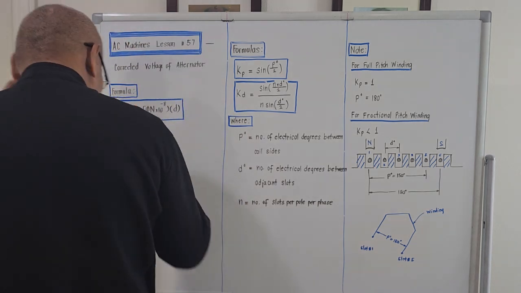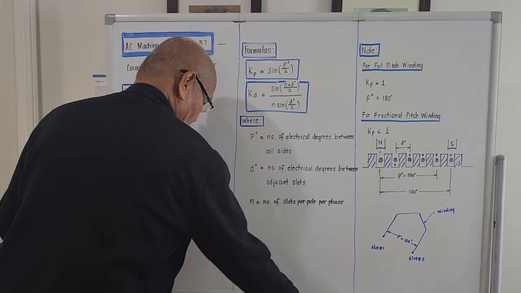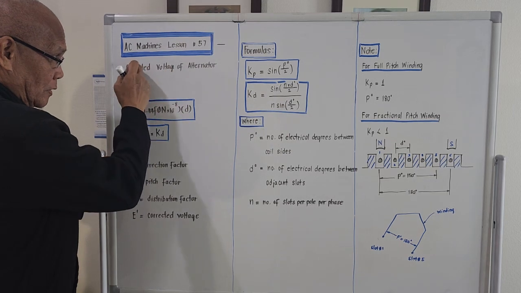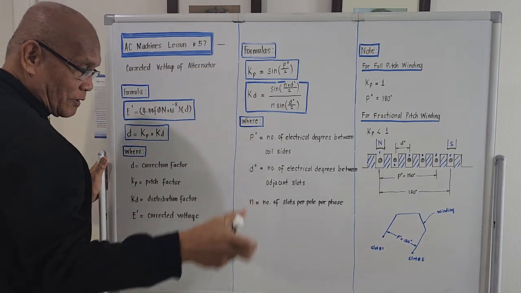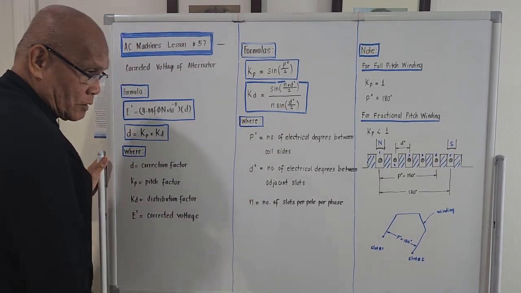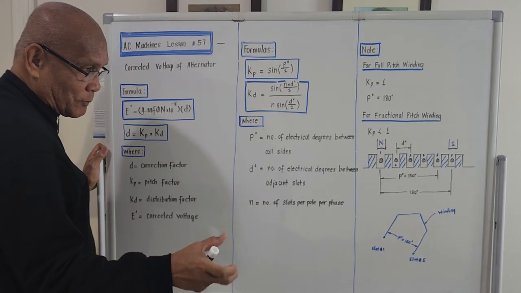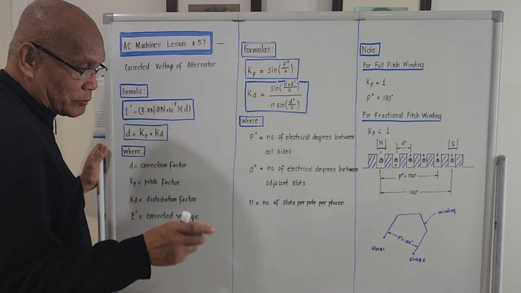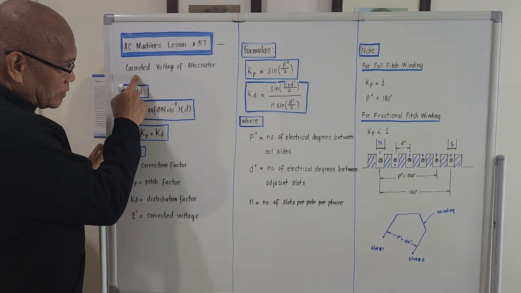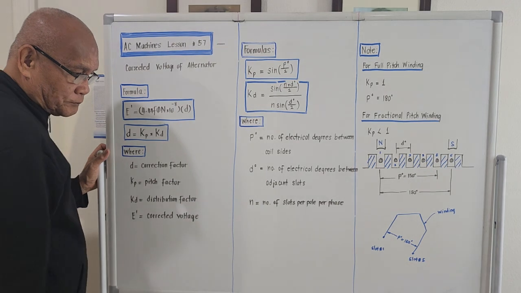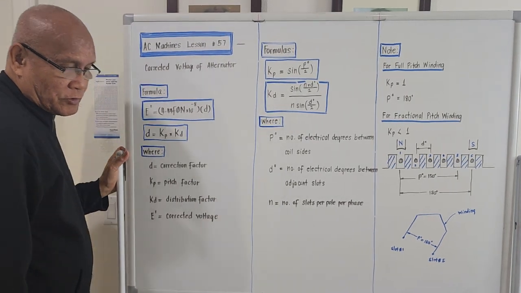The title of the topic for tonight will be Easy Machines, lesson number 57. We are running smooth. We are done with transformers, so we are now on the study of alternator, and we are now on the topic corrected voltage of alternator. There is a correction.